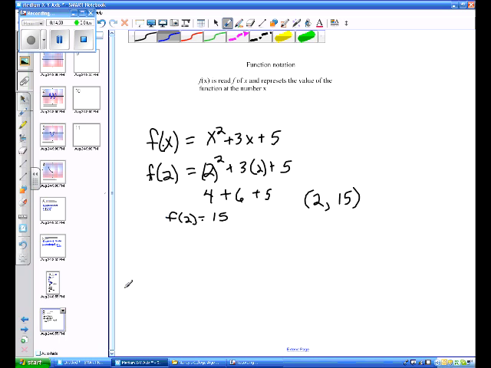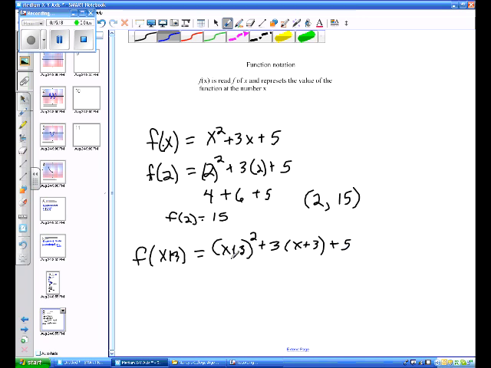We could also be asked to find f of x plus 3. What this means is to take the function f, and wherever there's an x, we're going to plug in x plus 3. So we would have x plus 3 squared plus 3 times x plus 3 plus 5.